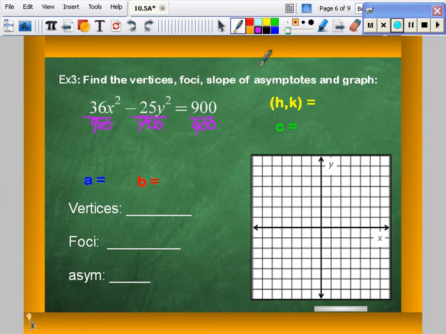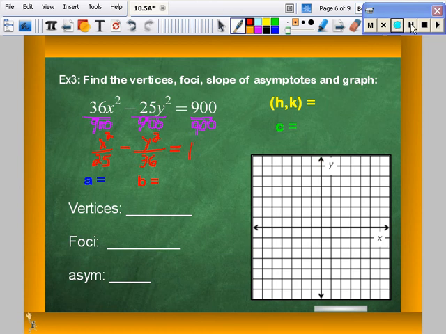We have 36 divided by 900 would give us x squared over 25 minus y squared over 36. You can use your calculator if you're not sure of these numbers. And of course, 900 divided by 900 is 1.